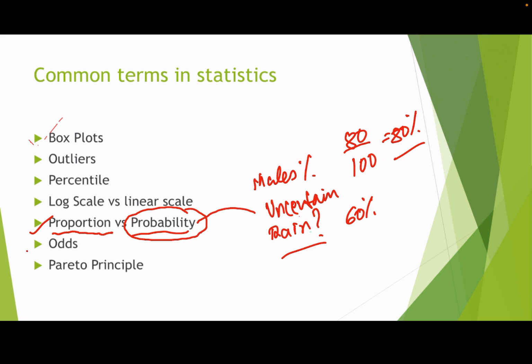Now let us look at odds. You will mostly hear odds in games, gambling or betting. So what is odds basically? Odds is probability of winning by probability of not winning.